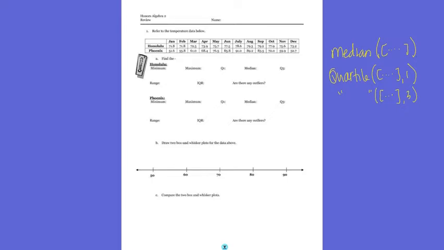That'll get you Q1 and Q3. The mean. And then standard deviation, you need to type in ST DEVP, and that'll get you the standard deviation. So these are all the Desmos commands.